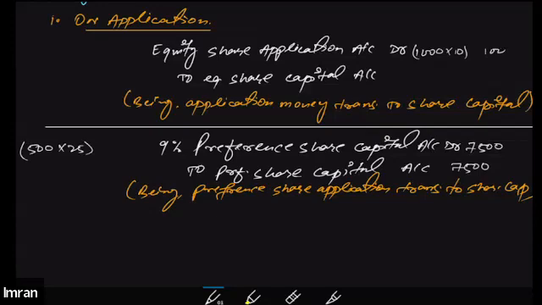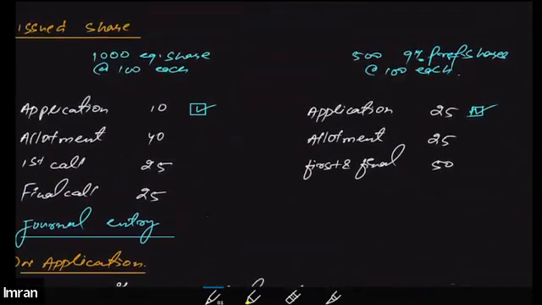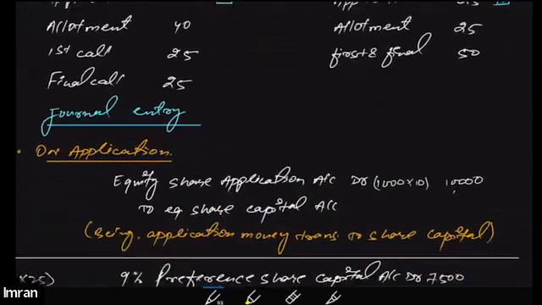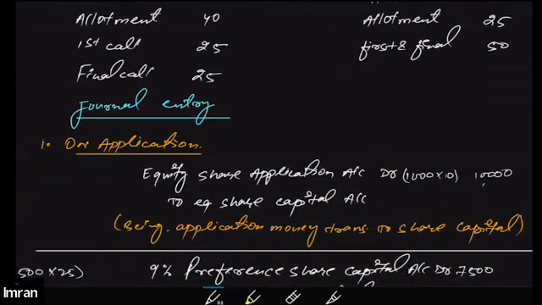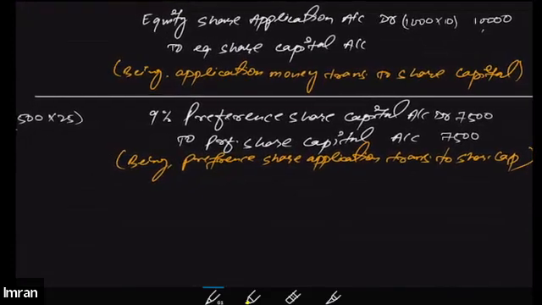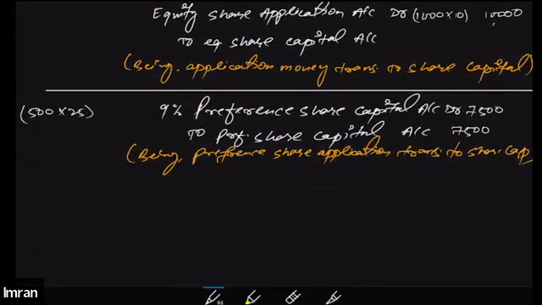That means 10,000. So this should not be 7,500, it should be 12,500. No, I'm sorry. It should be 12,500.